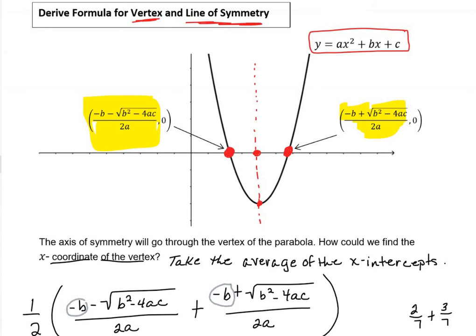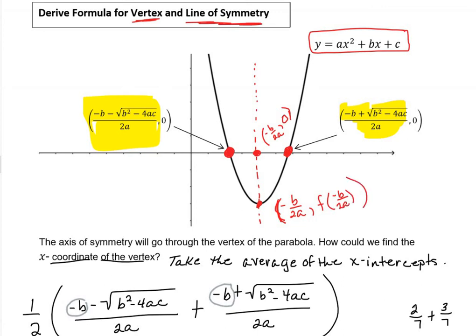Okay, what I just found was the x-coordinate of this point. So negative b over 2a, and the y-coordinate there is 0. So if that x-coordinate is negative b over 2a, then this x-coordinate is negative b over 2a as well. Now, I don't know what this y value is, but I know that I could find that y value by plugging that into my function, finding the function value at negative b over 2a.